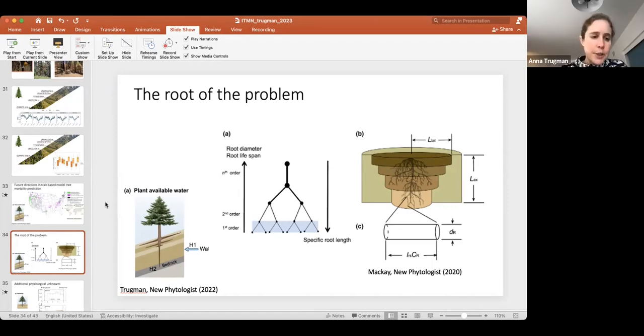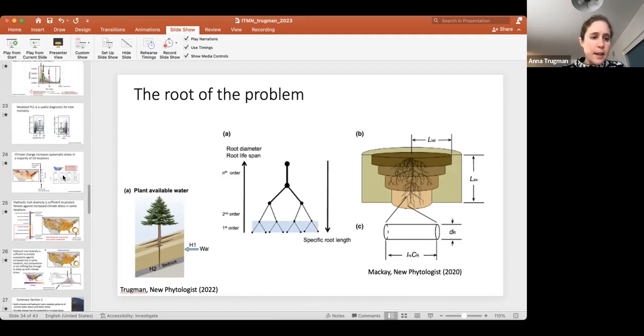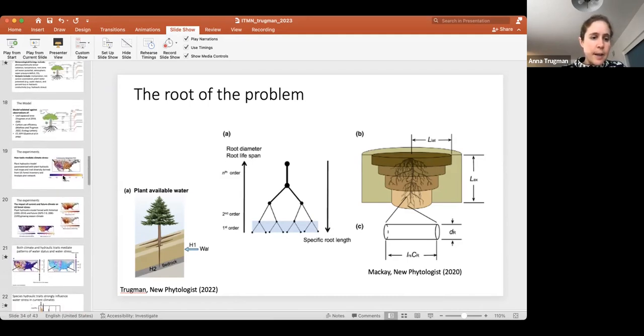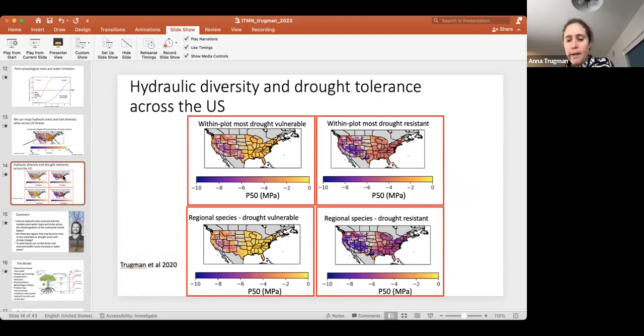Yeah, great question. So we do find some pretty notable patterns in hydraulic trait diversity across the US that don't correspond to overall species diversity.